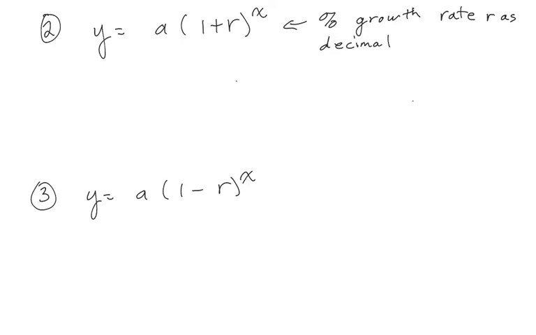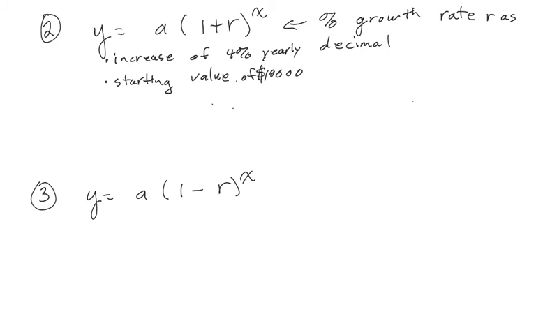So let's say that I had an increase of 4% yearly with a starting value of $10,000. Or it could be 1,000 kilograms. It doesn't matter. It just depends on what our numbers are.